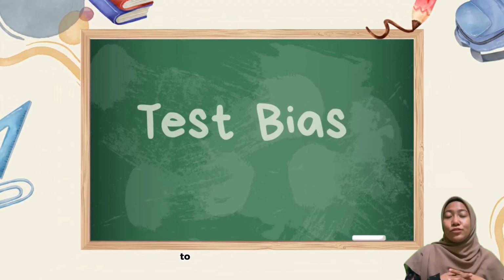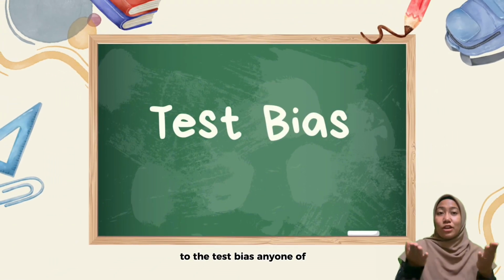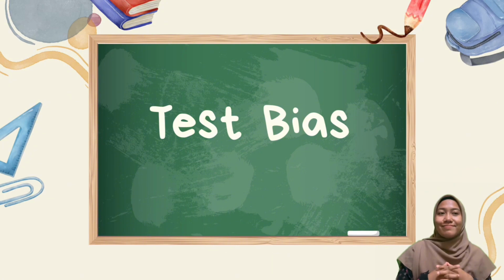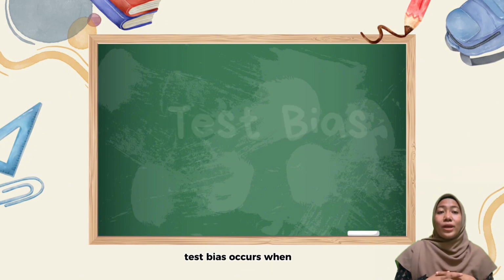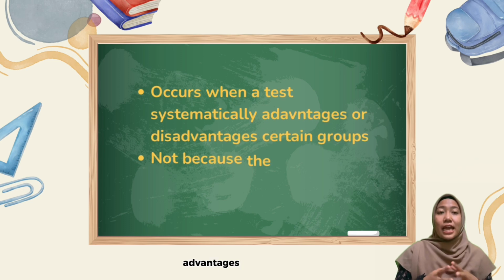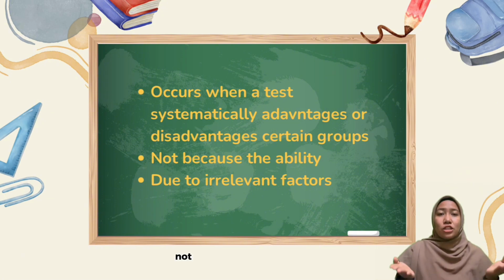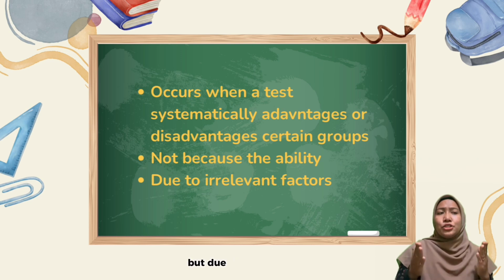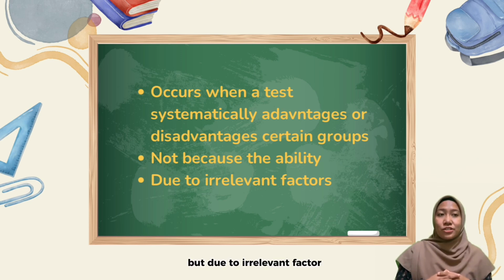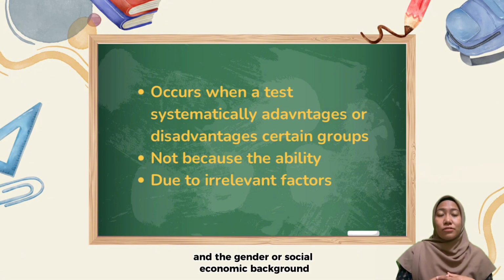Now we move to test bias. Do any of you know about test bias? Great. Test bias occurs when a test systematically advantages or disadvantages a certain group, not because of the ability being measured, but due to irrelevant factors such as culture, gender, or socio-economic background.